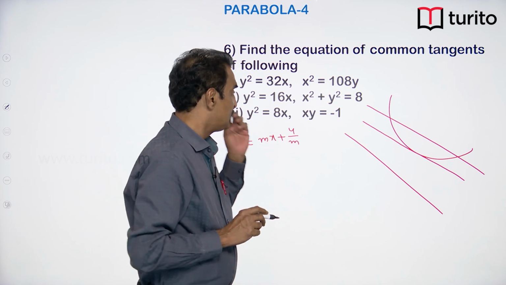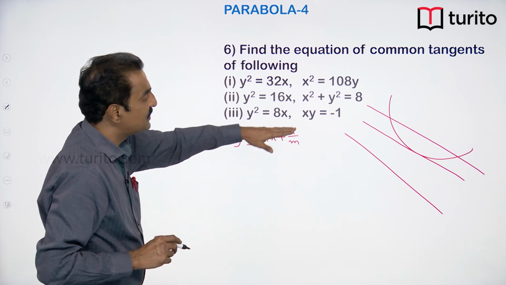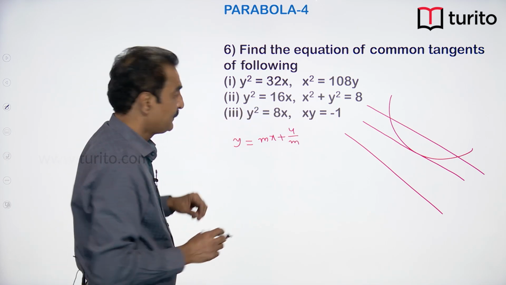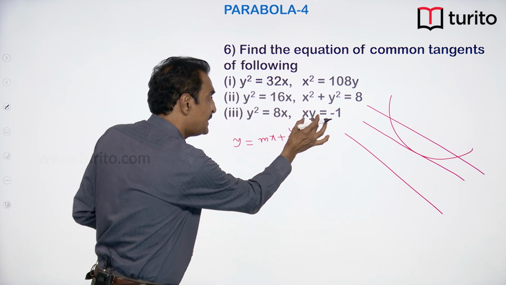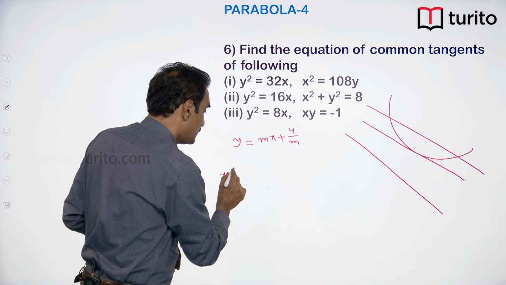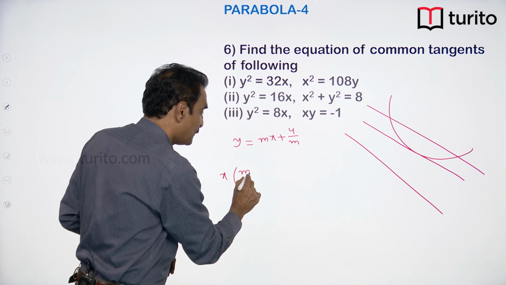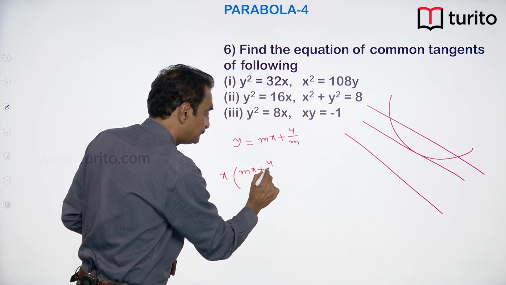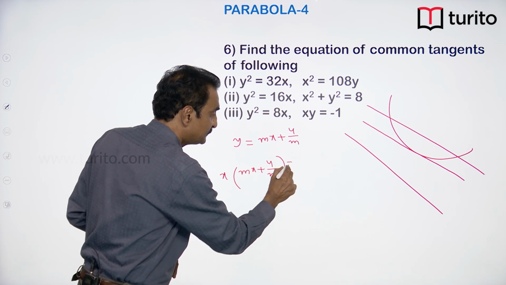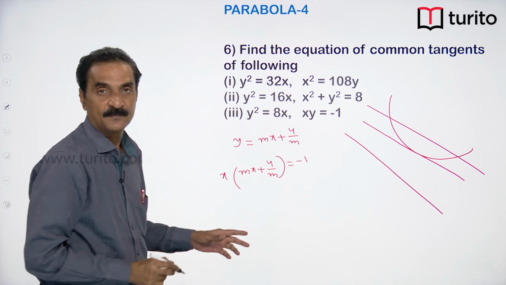Okay. Now, I am going to solve the equation of the line and equation of the curve. That means just substitute y here as mx plus 4 by m is equal to minus 1.